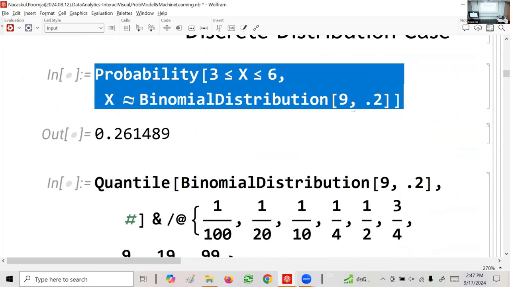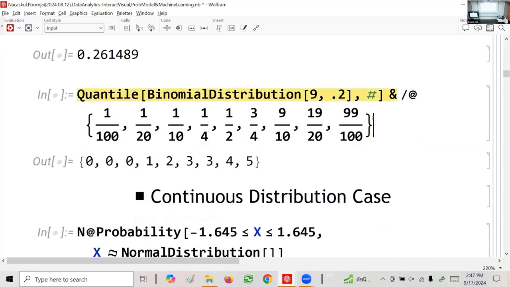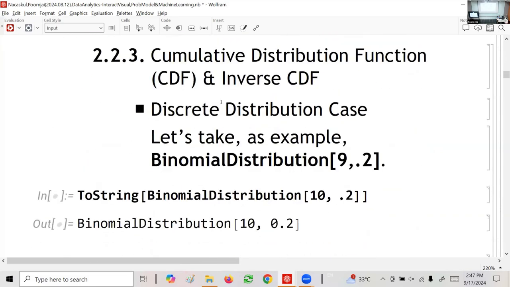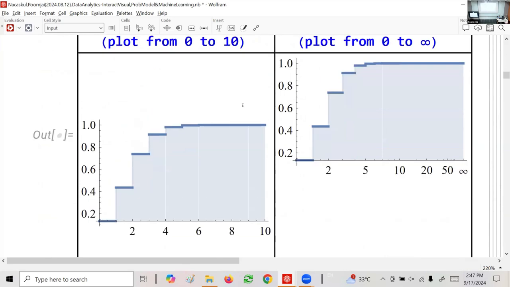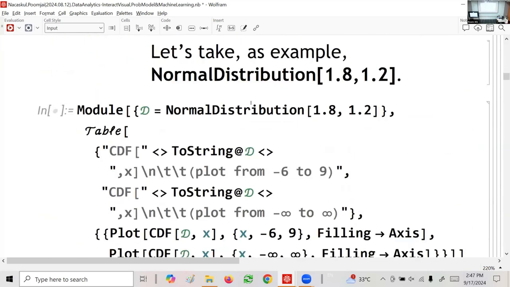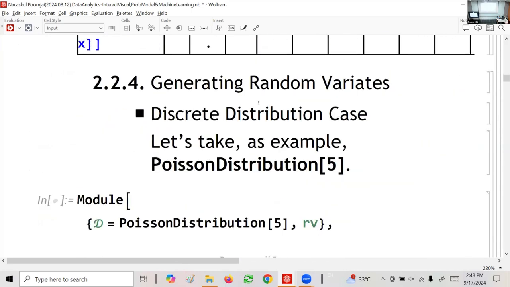If you see this in the book, by the way, it's an open book exam, so you can take this book. Inverse CDF. Okay, this is CDF. Let me go to different cases.